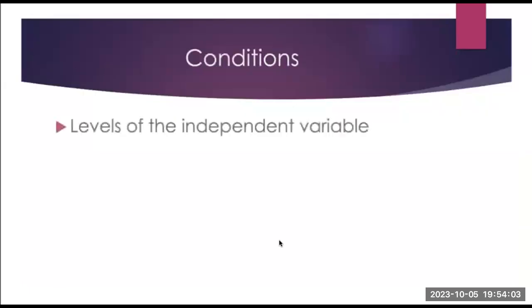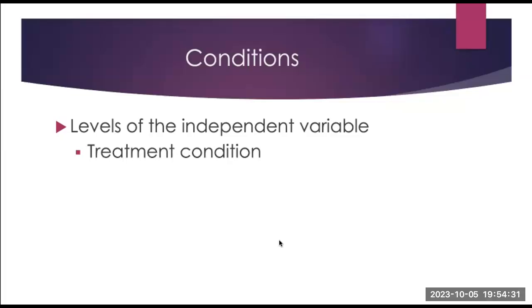Okay, conditions. When you talk about conditions in an experiment, what you're really looking at are levels of the independent variable. So we're looking at treatment conditions. If we're looking at a study on caffeine intake and cognitive performance, the most basic two levels you would have is no caffeine at all, and then caffeine, and maybe you would say 2 cups of coffee or something like that.